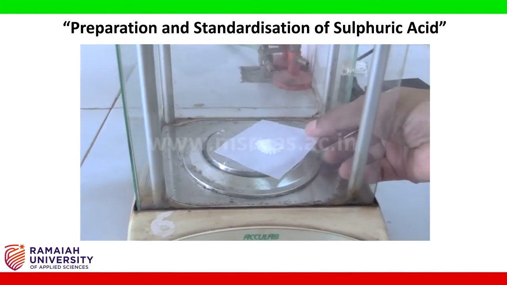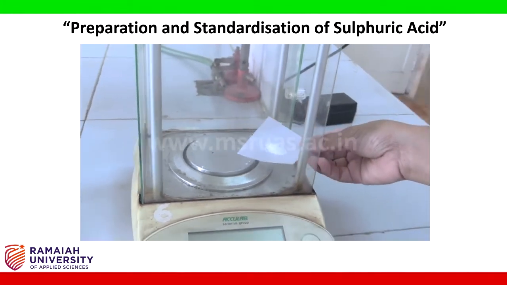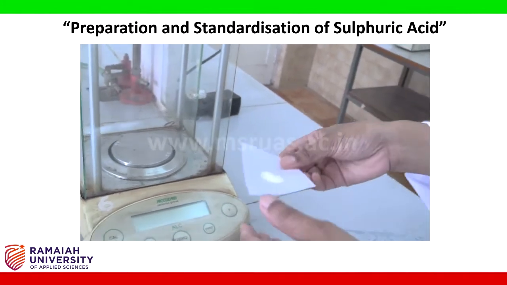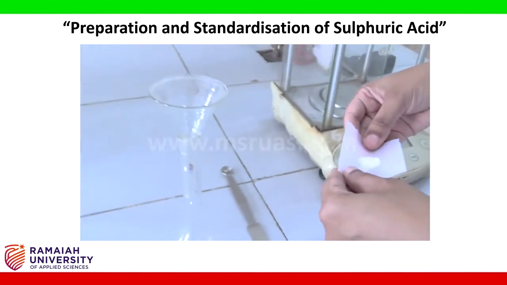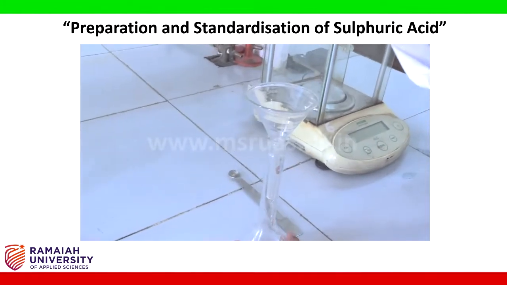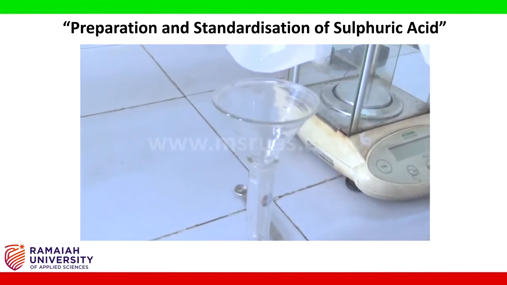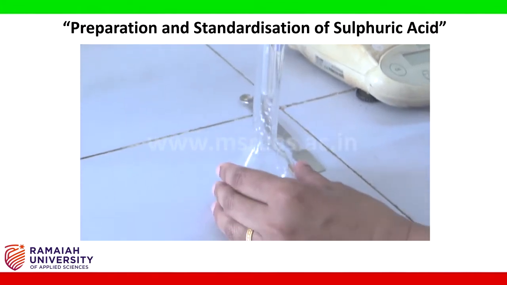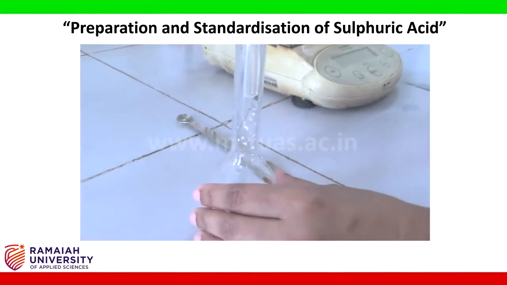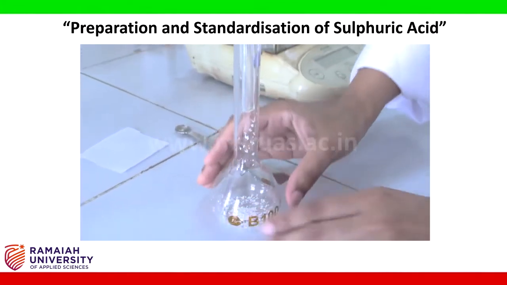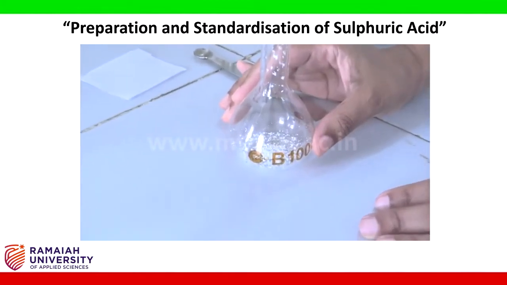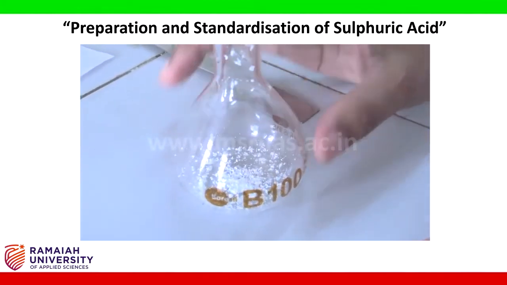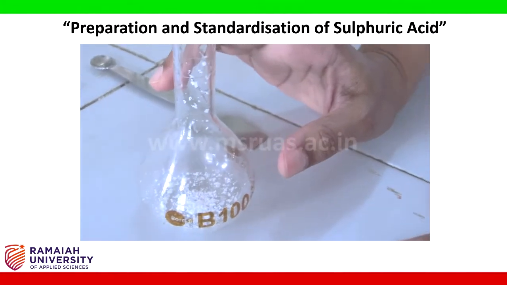Transfer 0.53 grams of anhydrous sodium carbonate into a 100 ml volumetric flask using a funnel. Dissolve this in water and make up the solution to the mark with distilled water.